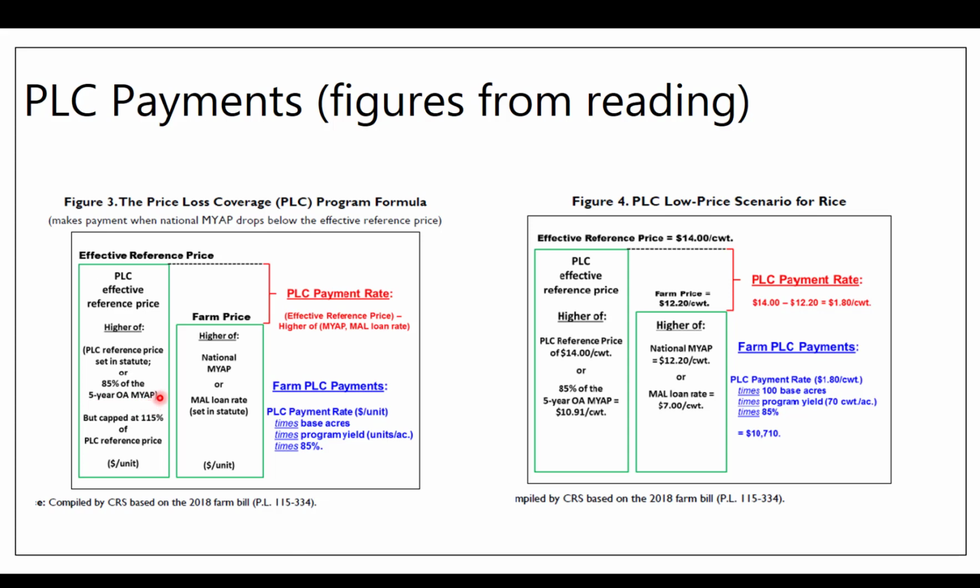I know that sounds like a lot, and it actually is, but we're going to calculate it in the lab and you'll see. But basically it says, the statutory price for corn is $3.70. If the last 5 years prices have been at $4.50 every year, or between $4.50 and $5.25, then that statutory price is irrelevant. Nobody's ever going to be in PLC because it doesn't actually offer any price protection.